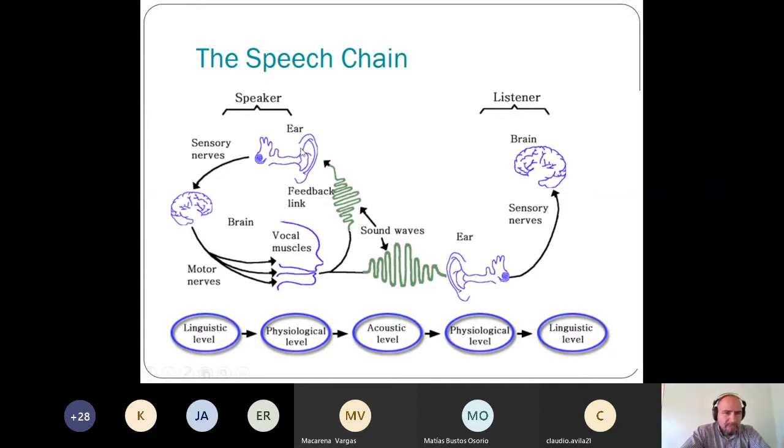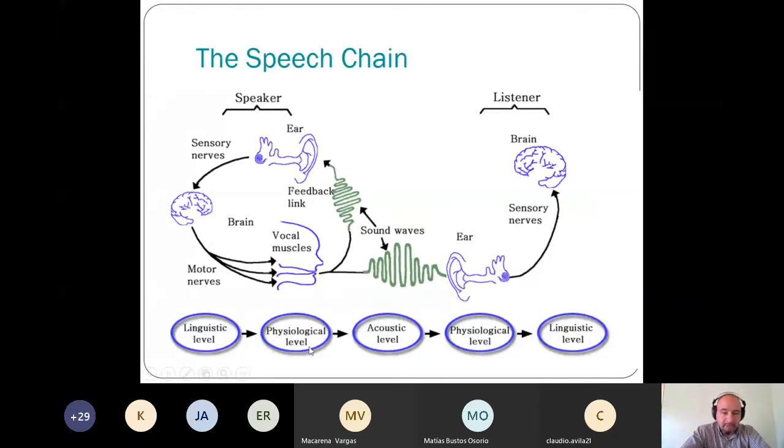So whenever we speak, whenever you or I or any person speaks, we can see this process at three different levels: the linguistic level, the physiological level, and the acoustic level, right? The linguistic level implying what is happening in terms of how the sound is articulated, which parts of the body are interacting to produce the sounds, right?